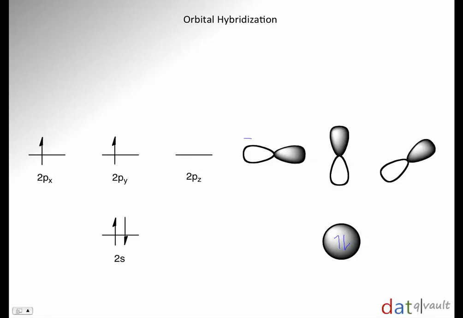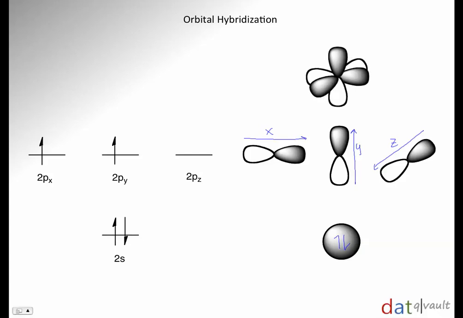We call them x, y, and z because one of them runs along the x-axis, one is perpendicular in the y-axis, and one is perpendicular to both of those in the z-axis. When we combine all these 2p orbitals together, this is what they look like. And we have 2 electrons in these 2p orbitals for the ground state electronic configuration of carbon.